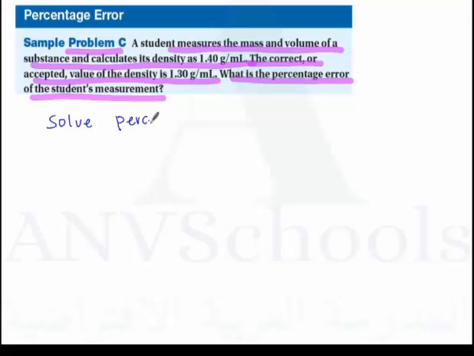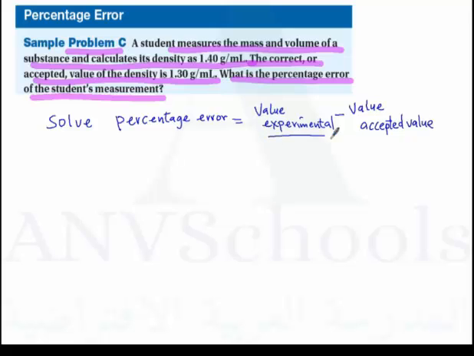Percentage error is equal to the experimental value, subtract the accepted value, then divide by the accepted value again, then multiply by 100.